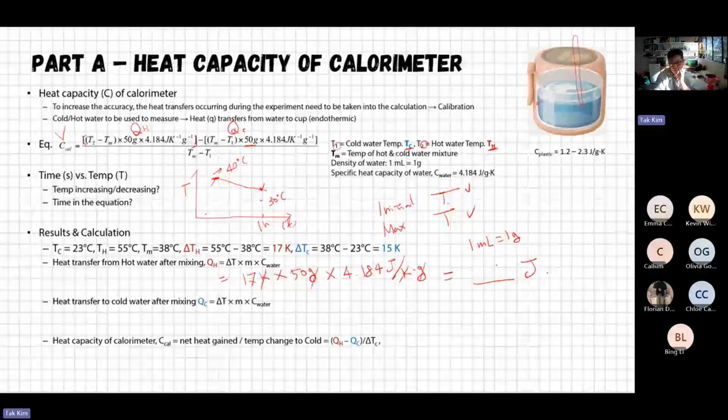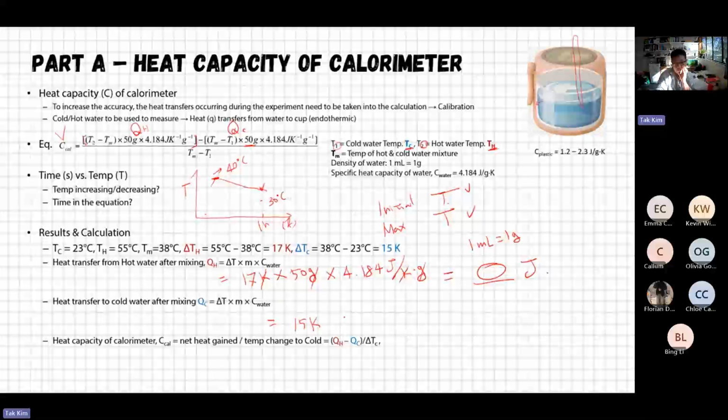So you should have some numbers over here, and then you do the same. So it'll be say 15 K times 50 grams times the heat capacity of water, 4.184 joules per Kelvin per gram. So you also should have a certain value in joules.